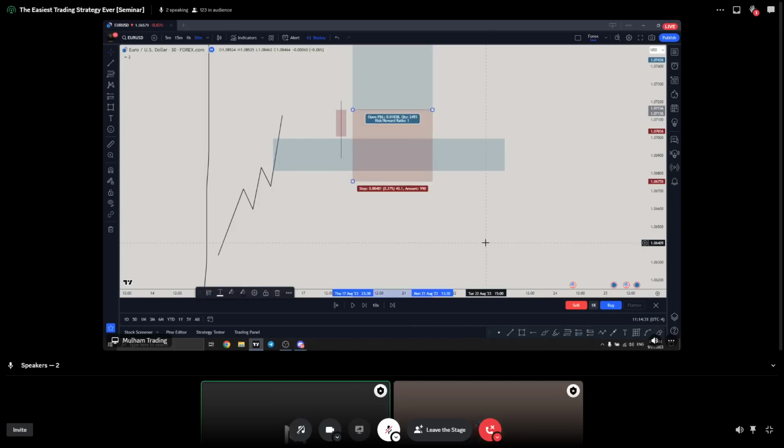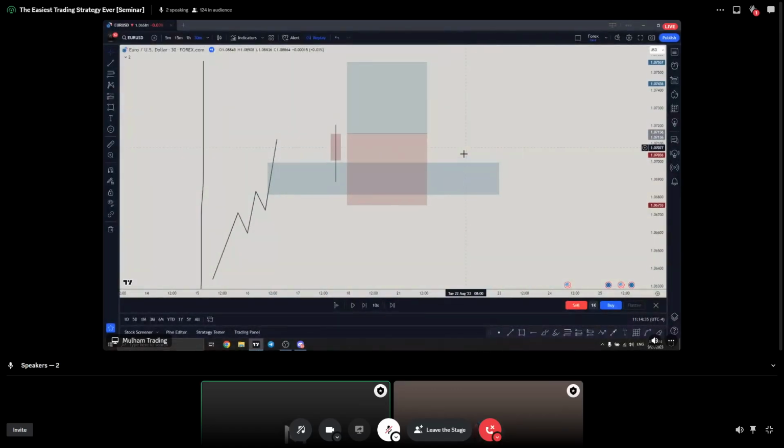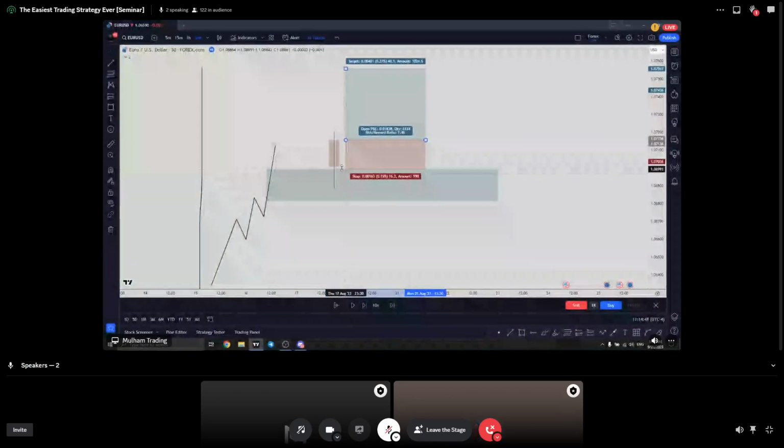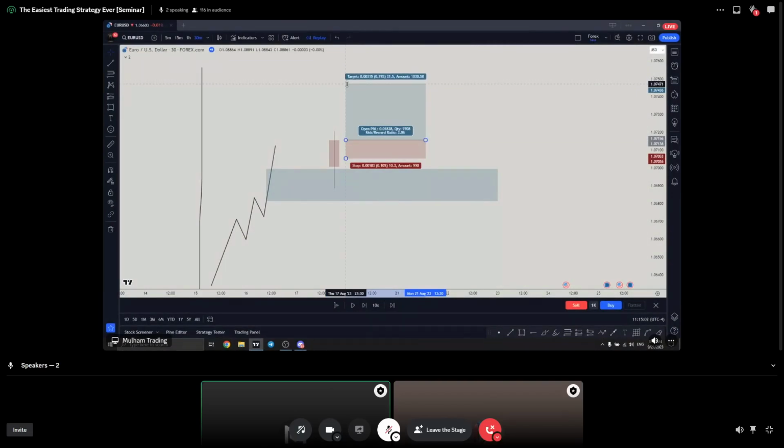Now, we're always going to take a fixed reward to risk for this one because I want to simplify everything for you. A 10 pip stop loss is good for EU. So for EU, we're going to take a 10 pip stop loss. For example, 10 pips. Usually it's going to be lower than this point. 10 pips stop loss, and then take profit 30 pips, which means that we're always taking a 3-1.